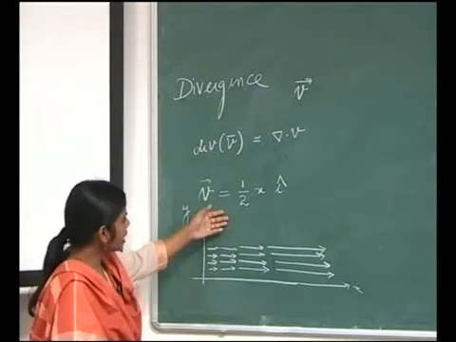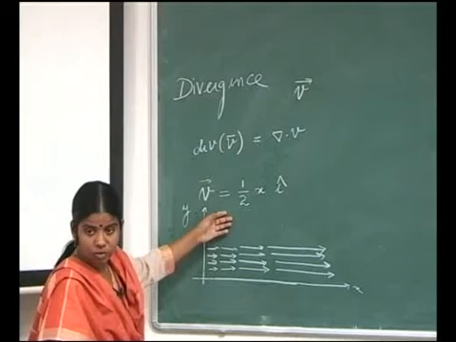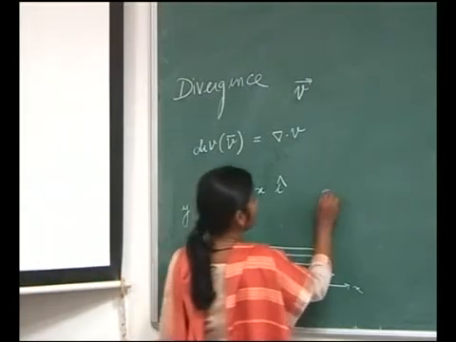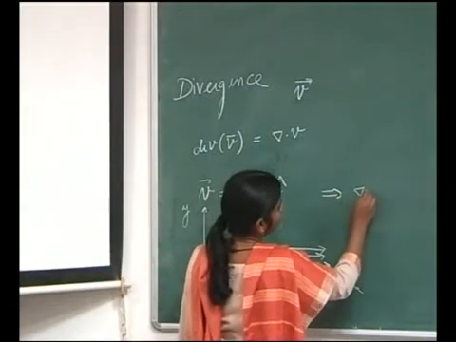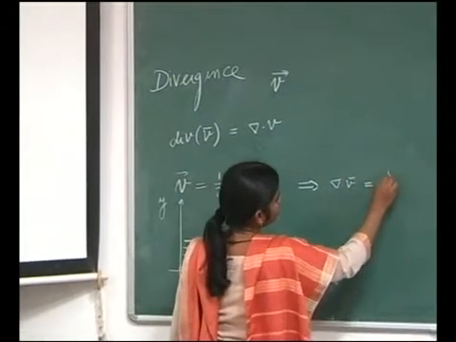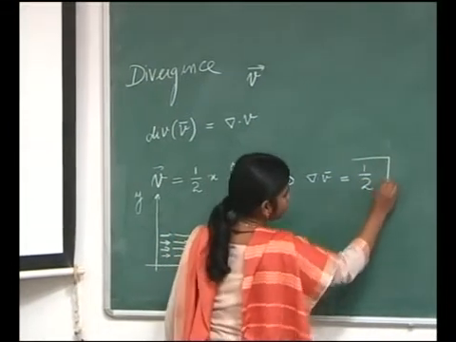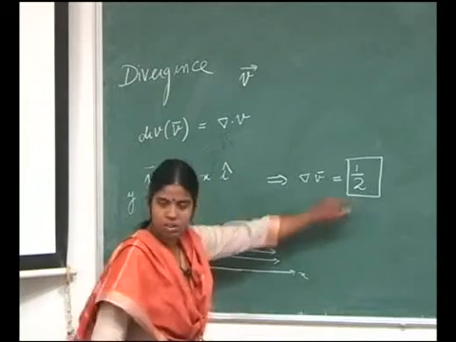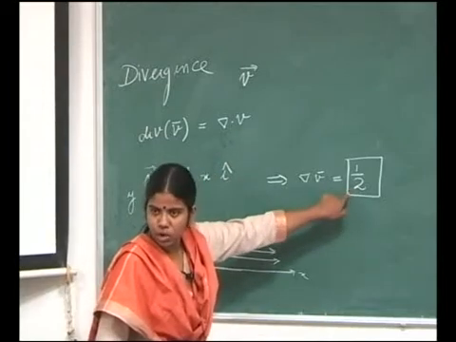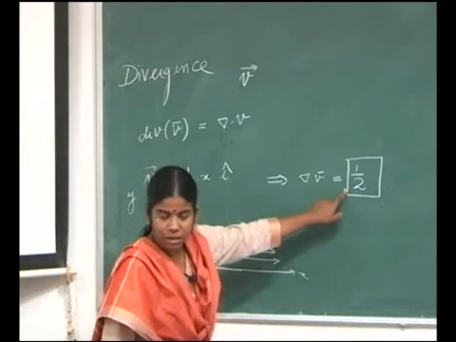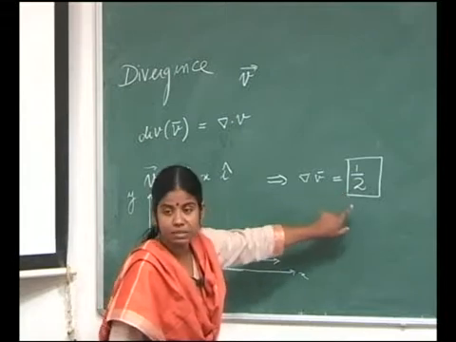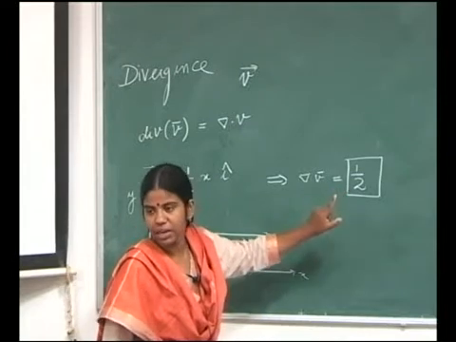Now if I calculate the divergence, what would be the value? Divergence, del dot V, is equal to 1 by 2. So it is constant, and it is a positive value, not a negative value.